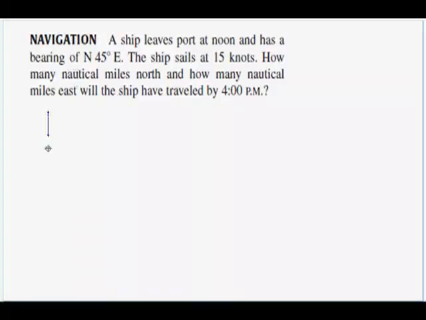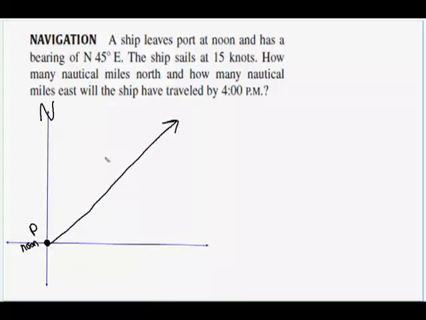So we're traveling north to east. Set up an axis here. We'll make the origin our point of departure. So here is our port, and this was at noon. And it left port at a bearing of north 45 east. So we're headed north, or 45 east, and we deviated from there by 45 degrees.